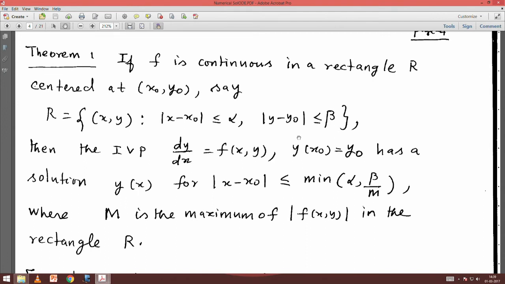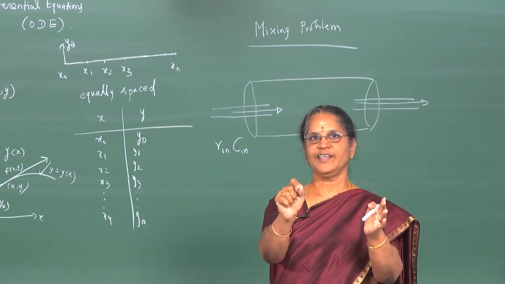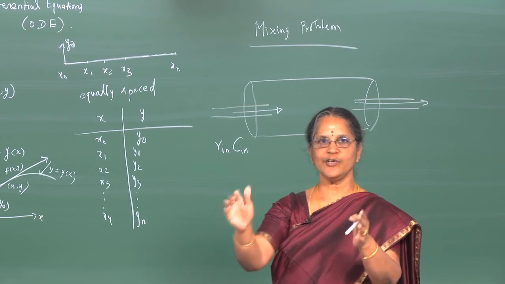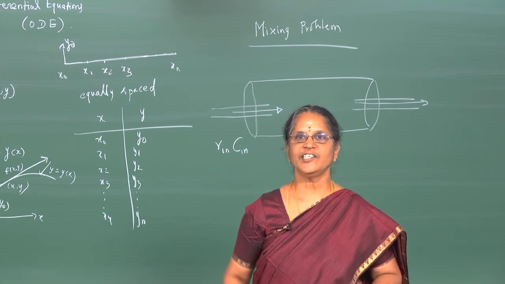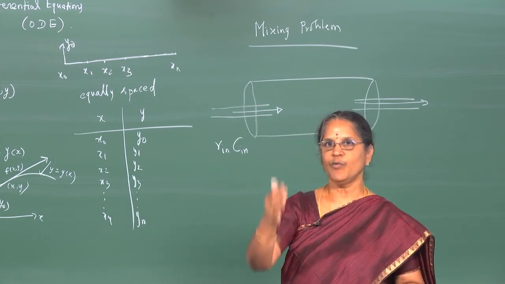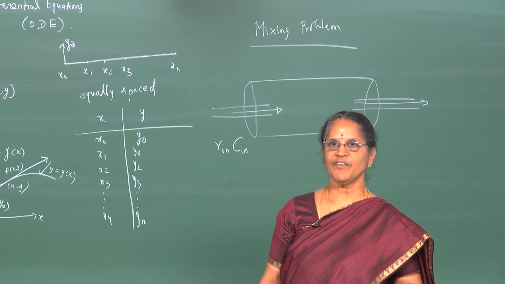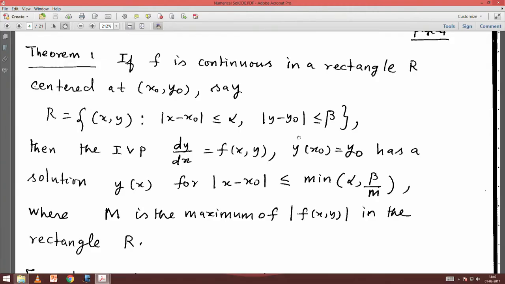The solution exists for mod x minus x naught less than or equal to minimum of alpha comma beta by M. That is, a solution exists in an interval surrounding the point x naught, in a neighborhood of the point x naught at which the initial condition is specified. What is capital M? M is the maximum of the absolute value of f of x comma y in the rectangle R. So, what is the condition that f has to satisfy? f has to be continuous in that rectangle R.